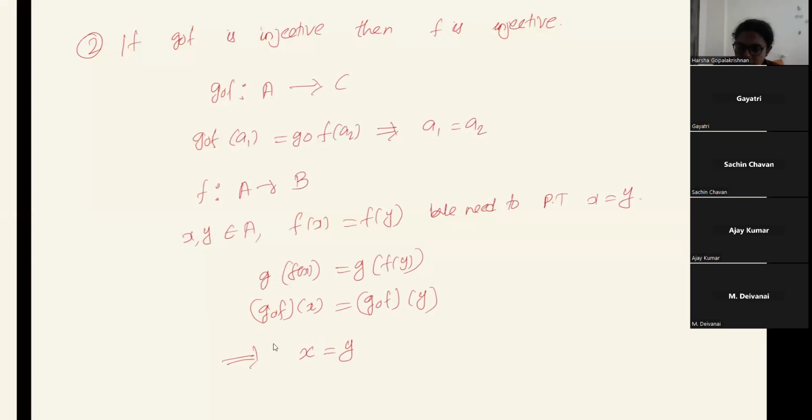Is this okay? Because G composite F is injective, G composite F of X equal to G composite F of Y implies X equal to Y. So, we proved it. We wanted to prove that X equal to Y. So, what we are getting is F is injective.